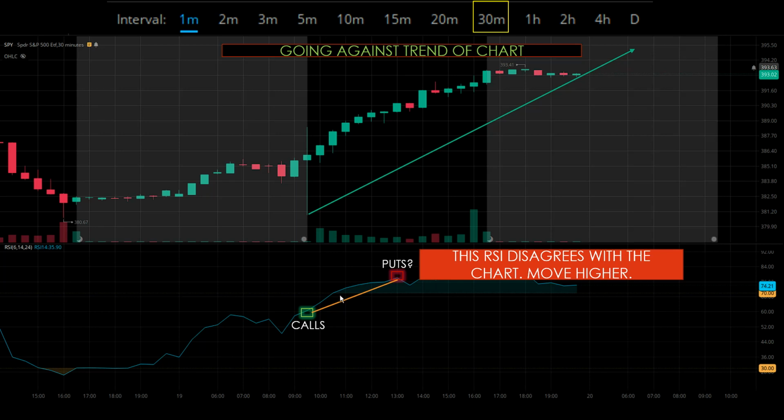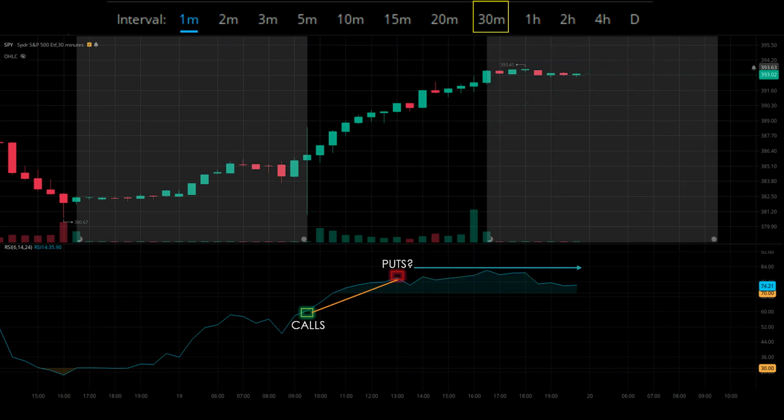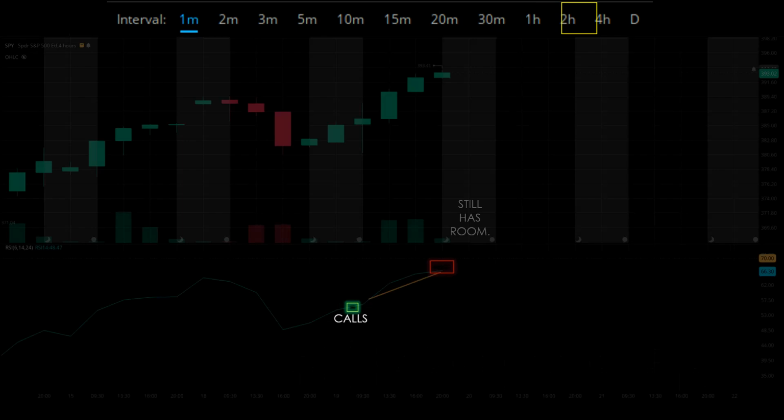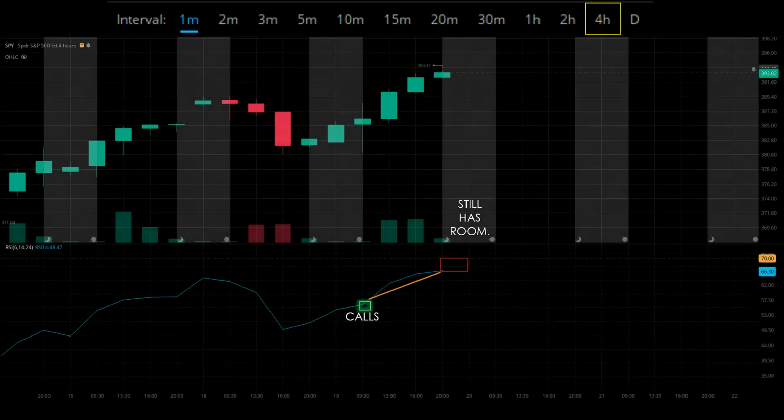But because you're smart and you use multiple time frames, you would have known by continuing to go up in time that there is another way to look at this situation. Right here, there's still room on the 4-hour for this thing to go up. So that is exactly how I do it.